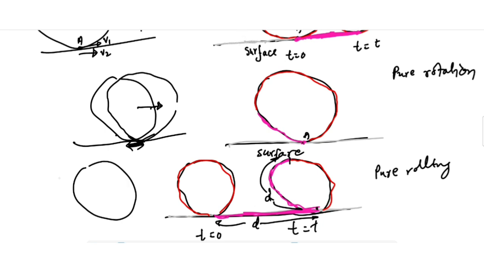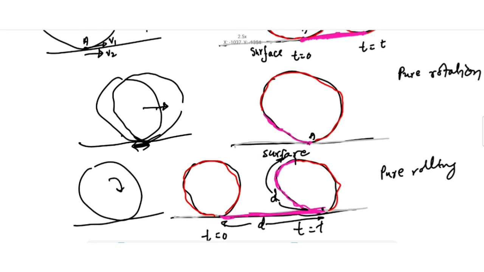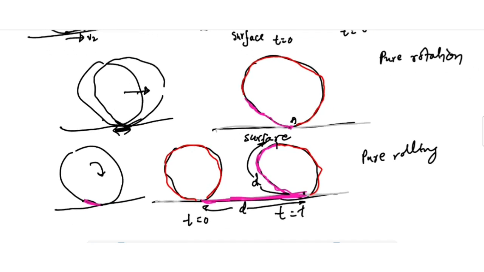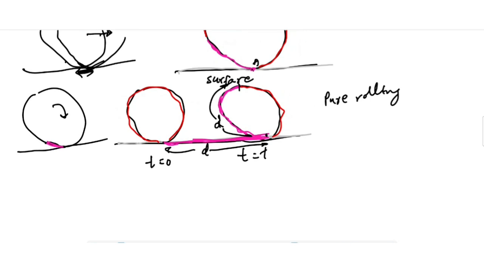Also, if it does not translate but rotates at one point for some time, the object's surface will turn pink, but the ground will not turn pink because it has not moved at all. So both cases are not allowed. It cannot slip. So the distances must be the same. If I call these d1 and d2, I must have d1 equal to d2.